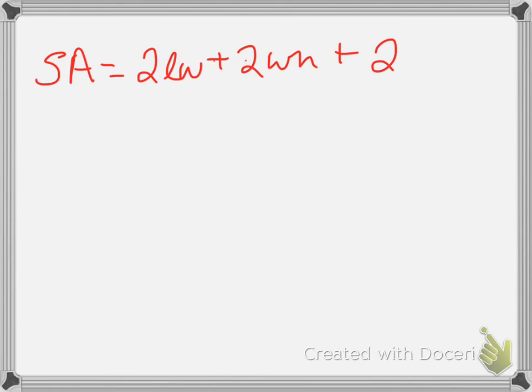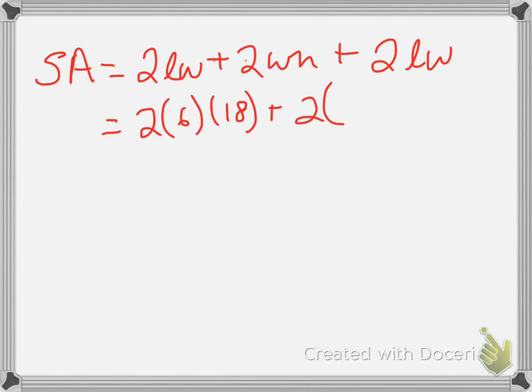So the surface area of a rectangular prism is 2 times length times width plus 2 times width times height plus 2 times length times height. So that's going to be 2 times 16, oh, no, it's not 16, that's wrong. 2 times 6 times 18 plus 2 times 6 times 4 plus 2 times 18 times 4.